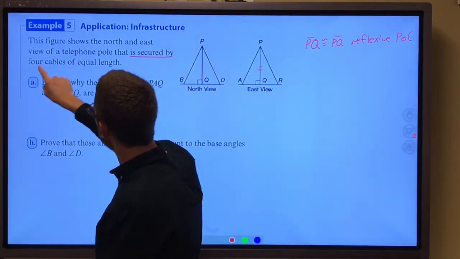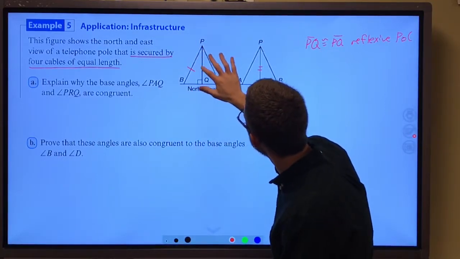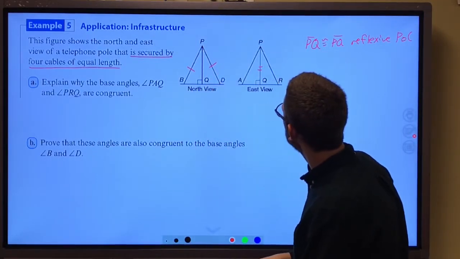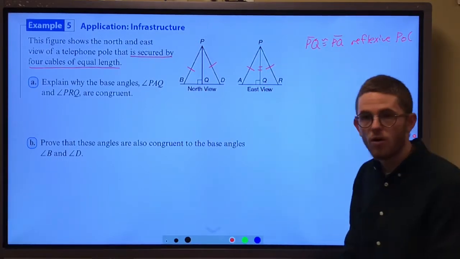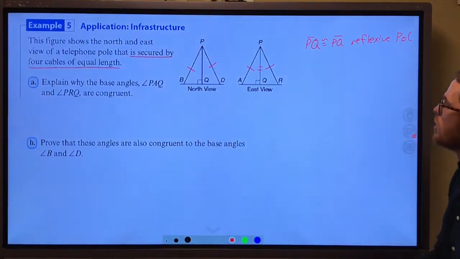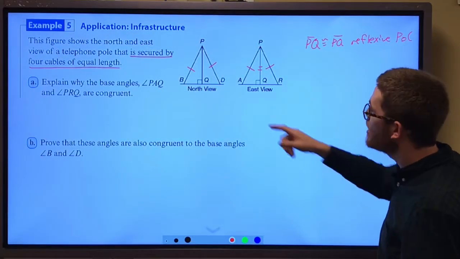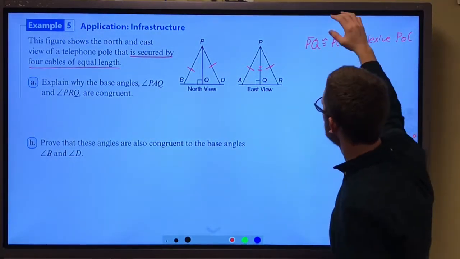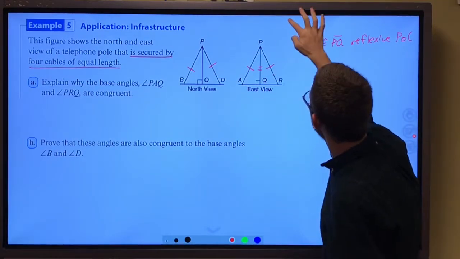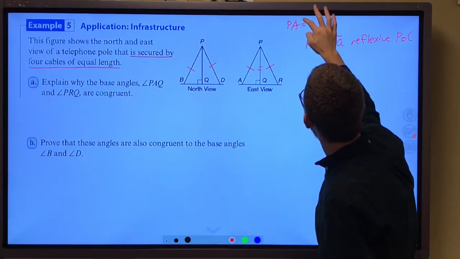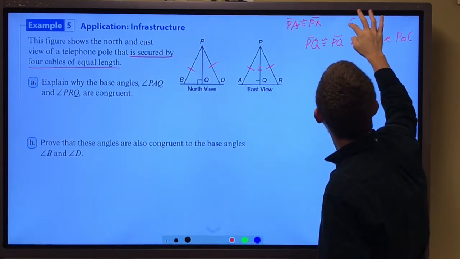It's secured by 4 cables of equal length. So we know that BP and PD, PA and PR, they're all the same length. So we know all of those are congruent because they have the same length. That's essentially what's given to us. I should have said that first. Over here I'm looking at PA is congruent to PR. That is given to us.